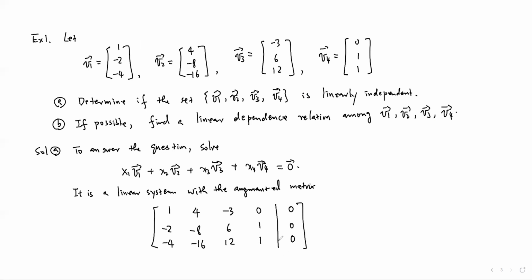Solve this linear system. If the linear system has only 0 solution, then the set is independent set, otherwise dependent. And now let me reduce the augmented matrix to echelon form. I skip the details.